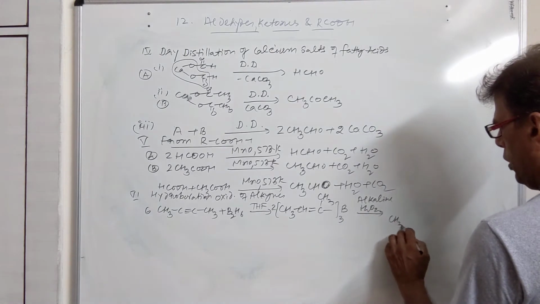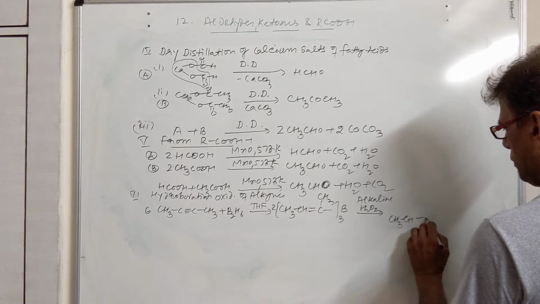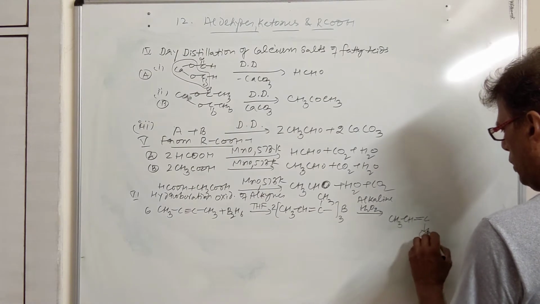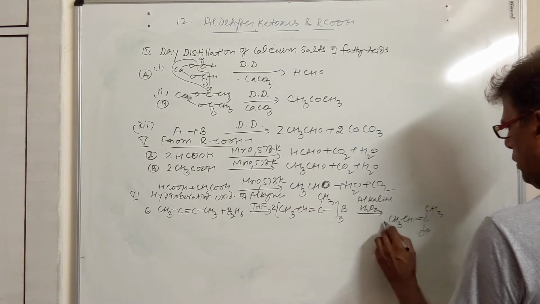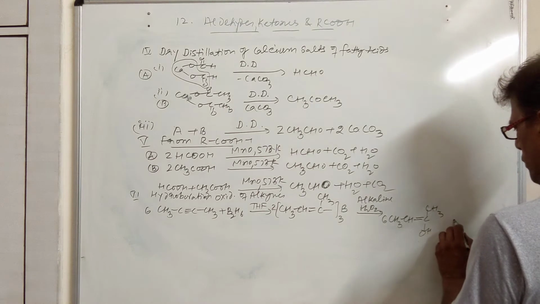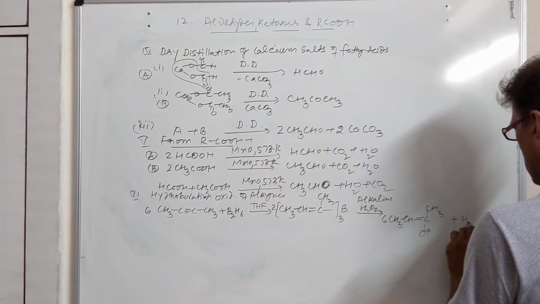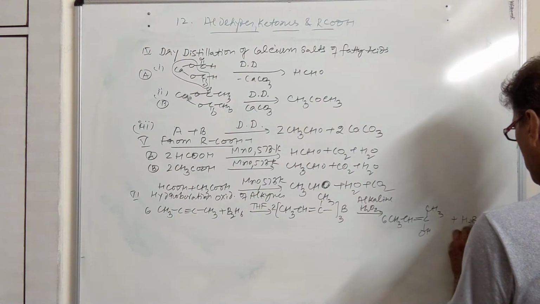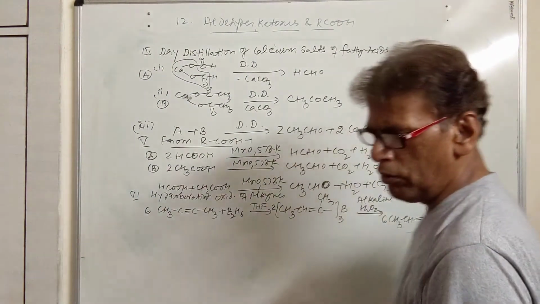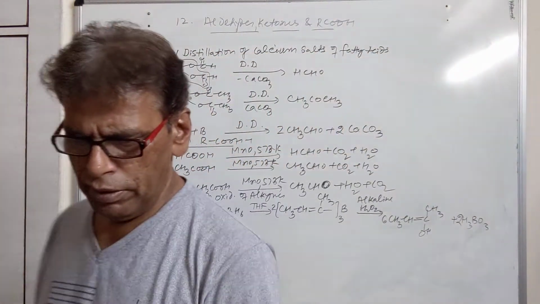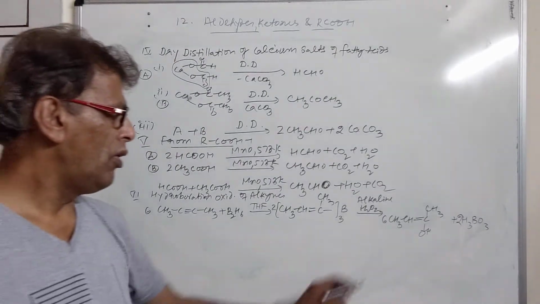Then the product obtained is CH3CH=C(OH)CH3, 6 molecules, plus H3BO3. 2 molecules of boric acid are obtained, and this compound undergoes tautomerism.